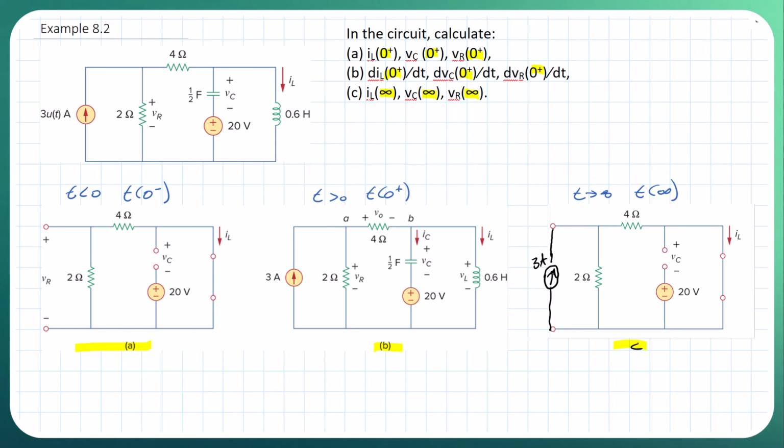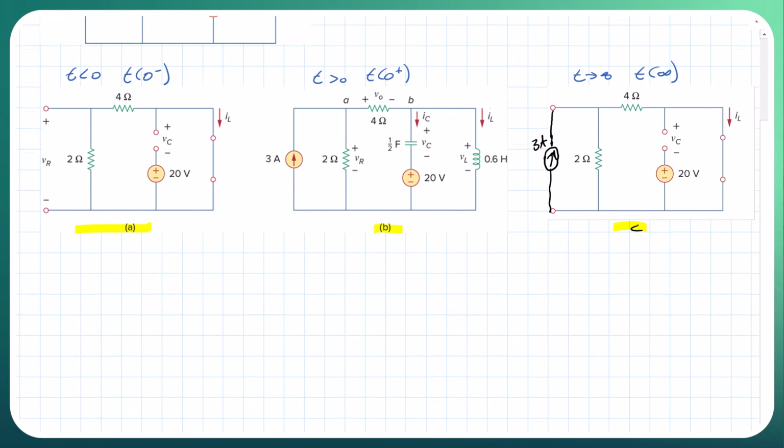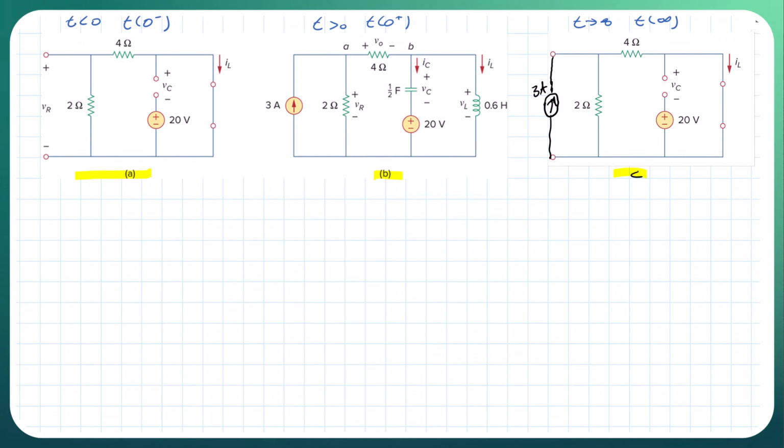That's essentially what the equivalent circuit is going to be. We'll explain this as we go. Let's start with the first circuit, circuit A, so let's scroll up and start working this out.